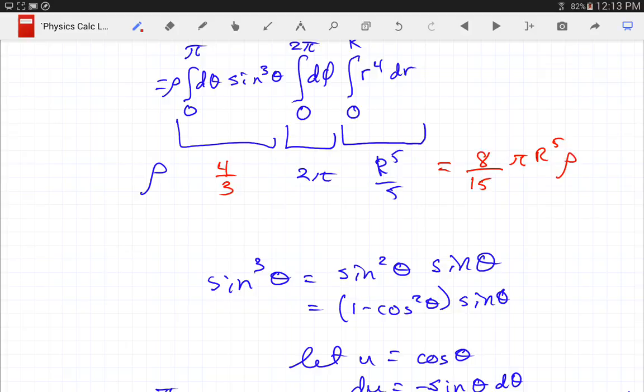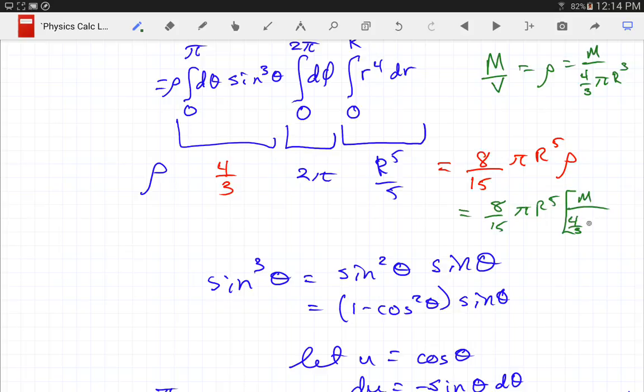That looks big and ugly, right? But remember, by definition, since it's uniform, the mass over volume is equal to rho, which is equal to mass over 4/3 pi radius cubed. So if I make that substitution, now I have 8 divided by 4 is a 2 on top, and 15 divided by 3 is a 5 on bottom.